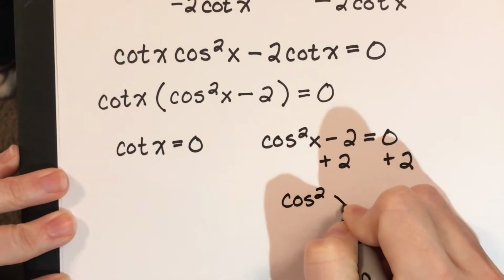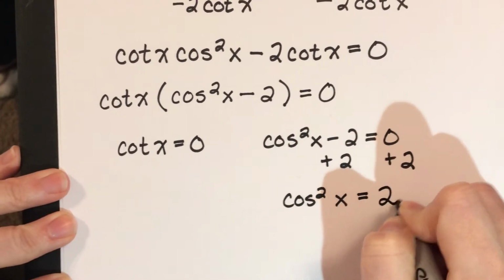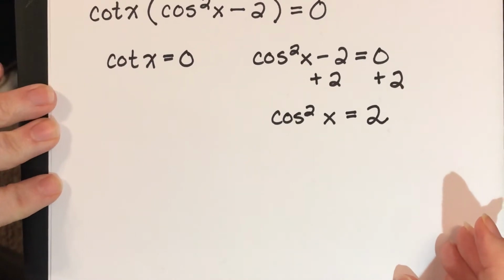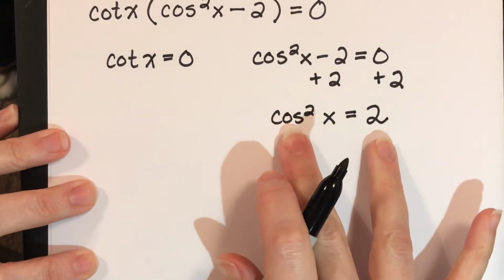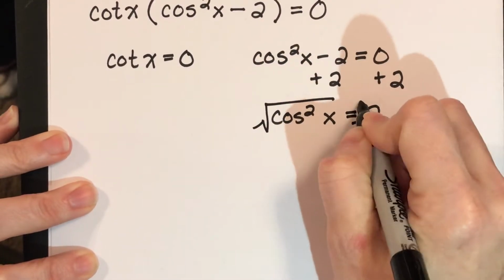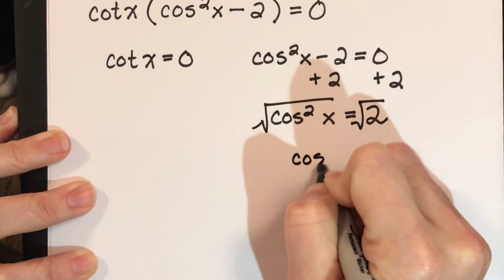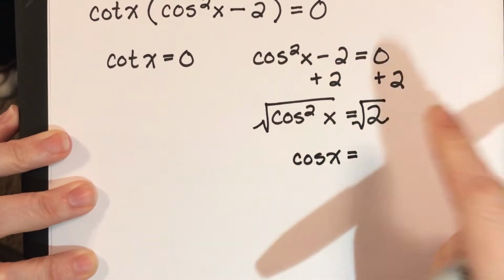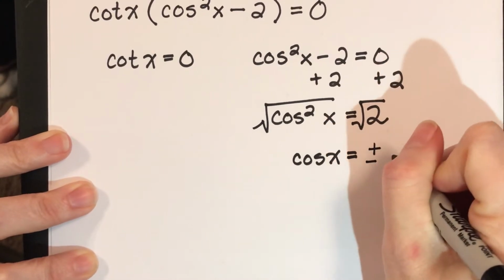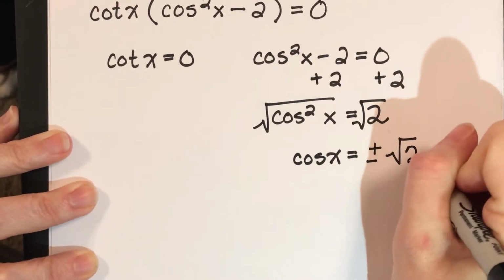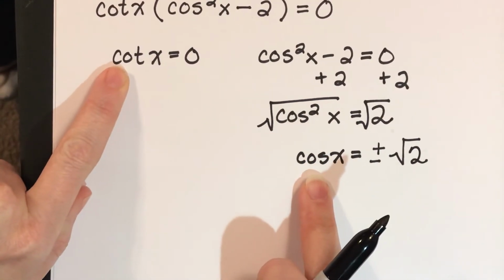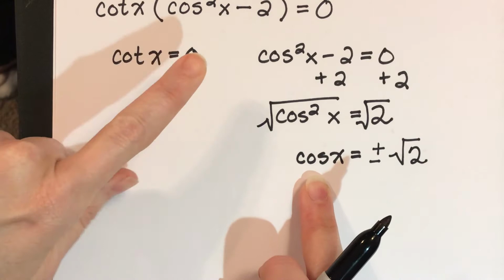Cosine squared x equals 2. Now take the square root of both sides. Remember, you're left with a positive and a negative. So positive and negative square root of 2. So we've isolated our trig functions. Now we've got to figure out what this means.